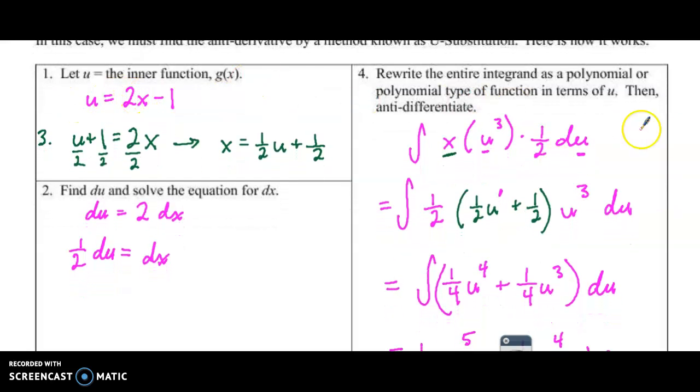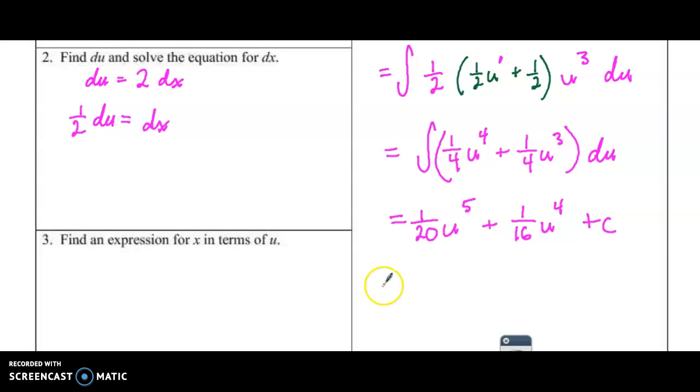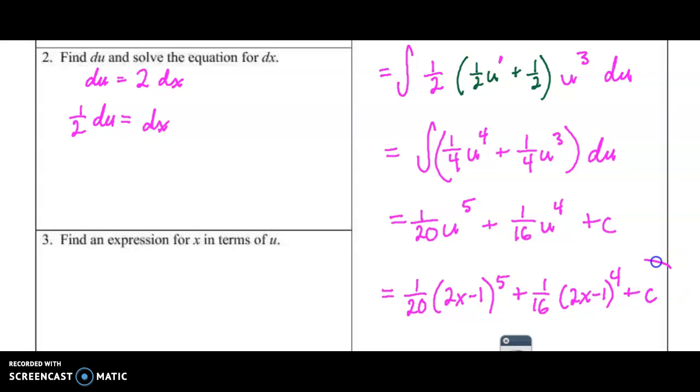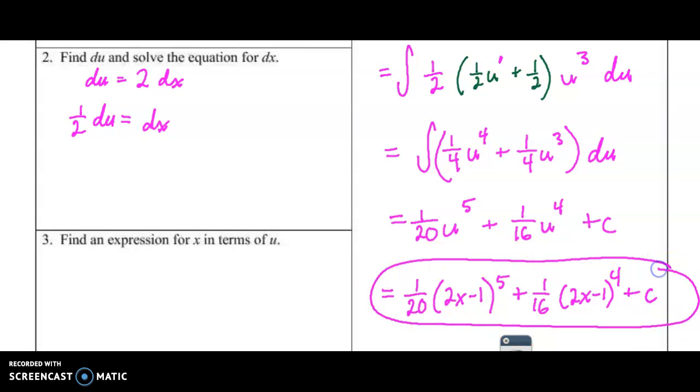So I replace my u's with 2x minus 1. And that should be your final answer.